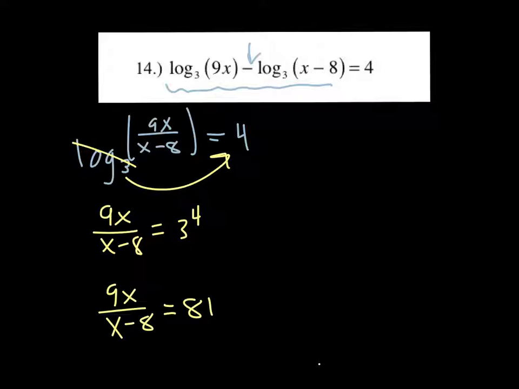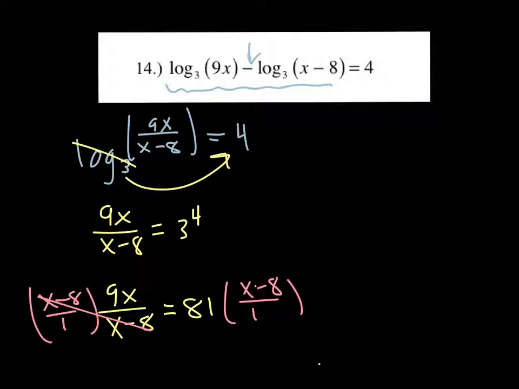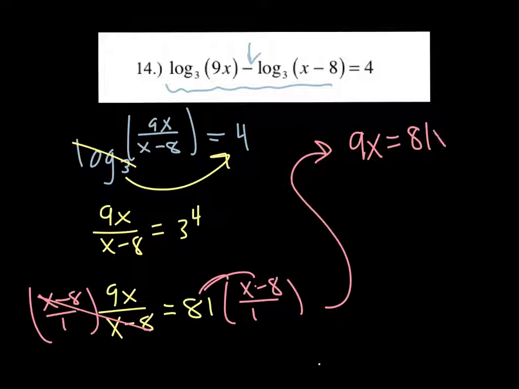So we're going to multiply both sides by x minus 8, really x minus 8 over 1, because that's going to get rid of that denominator and make that left side no longer be a fraction. But the right side will have to distribute 81 times that x minus 8. So we'll have 9x equals 81x minus 648.